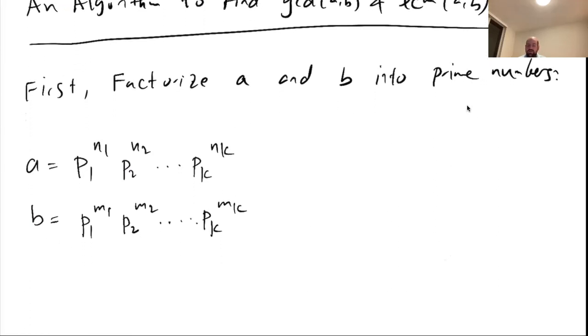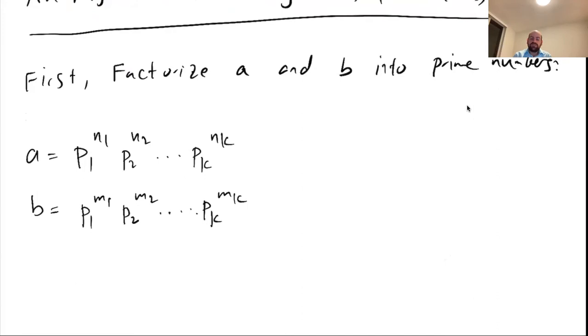In general, I'm not allowed to assume that, but I'm allowed to assume it under one certain condition: that the powers of these prime numbers are allowed to be 0. Then I can assume this.